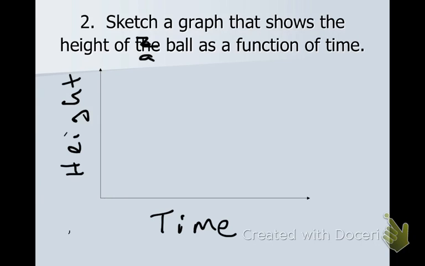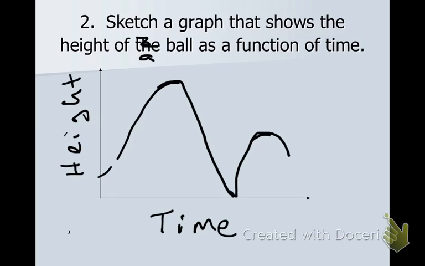Let's say I throw the ball up. The height might be as tall as whatever I am, right? It goes up. It's going to come down to here. And it goes back up to about half. Just a high bouncy ball. And come back down.